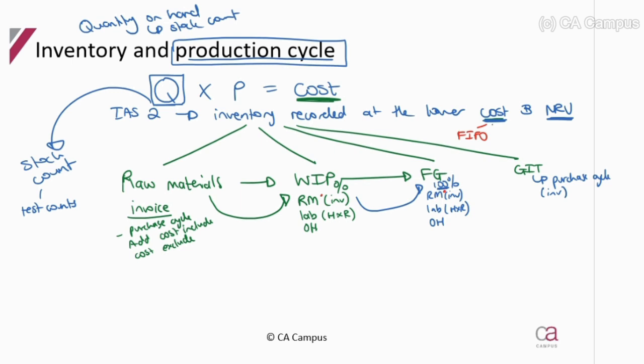Or you could choose to go with a weighted average. And then, again, taking all of your invoices to get to an average price for those raw materials. Or they say you could choose another method like specific identification.